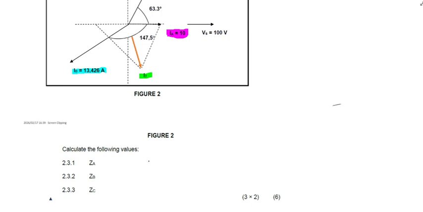So you've got 2 marks for each. So let us remember. Let's start with question 2.3.1, ZA.